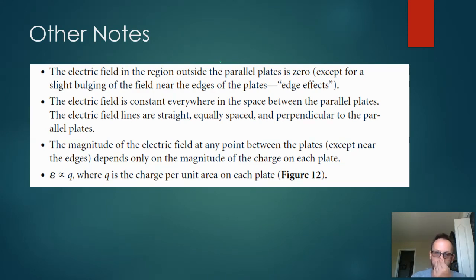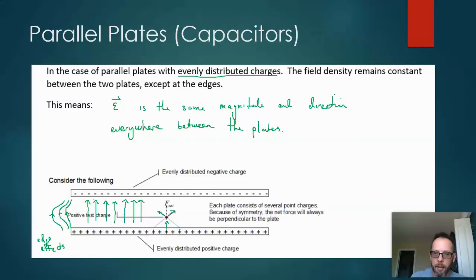Some other notes that I've talked about for the most part but you might want to get down. So the electric field in the region outside the plates is 0, and we've talked about the edge effects. But going back to the diagram here, if you think about what the field strength is, say outside the parallel plates, you would have the negative plate pulling a positive test charge down, and the positive plate repelling it.